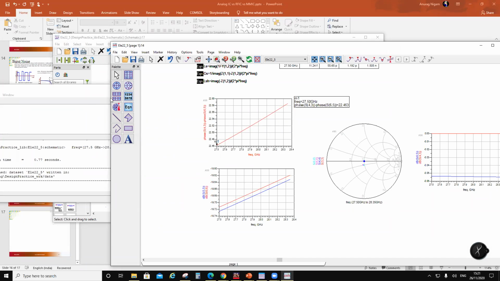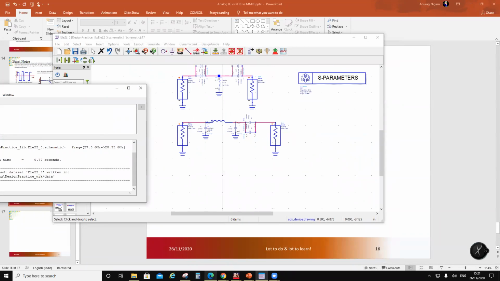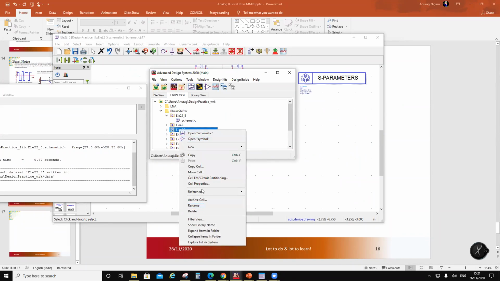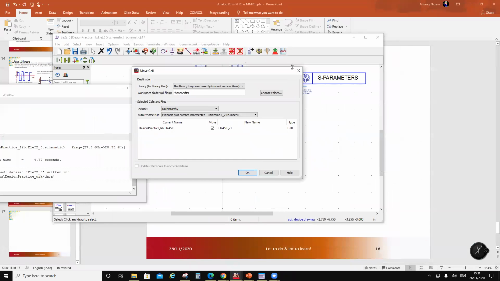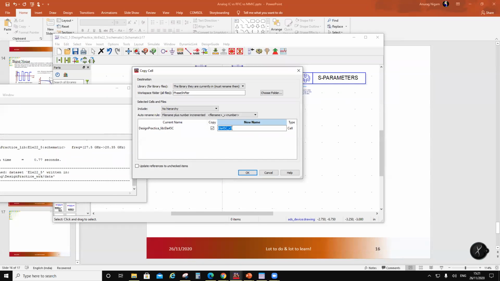So what else? Okay, so this one I'm going to make another component. I will just copy this 45C as 22.5. Copy cell. This 22.5 component, 22_5.